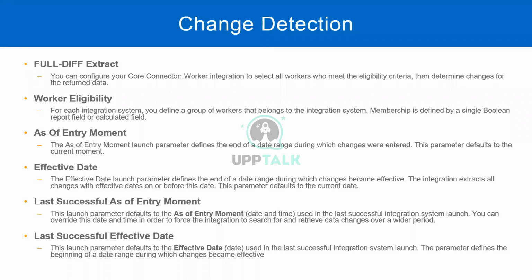We only need workers who are active. There is an existing Boolean field in Workday, it is "is active". If the worker is active, then the worker will be marked as true and will be included in the eligibility criteria.